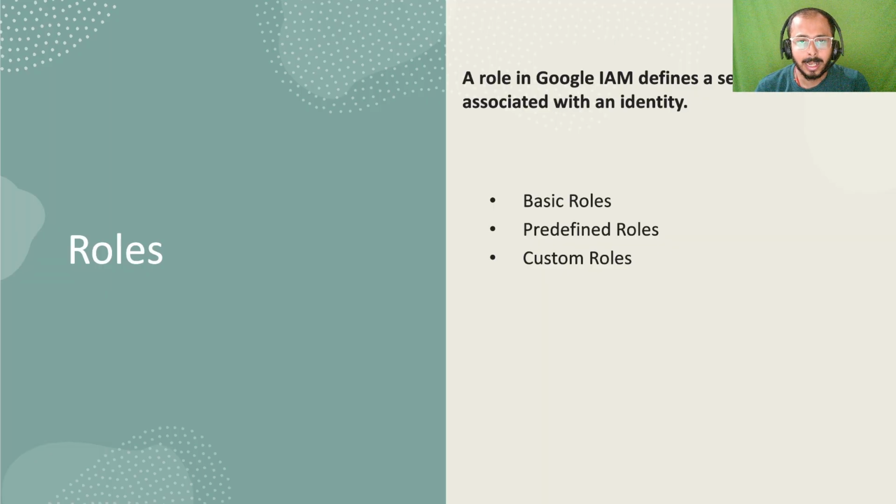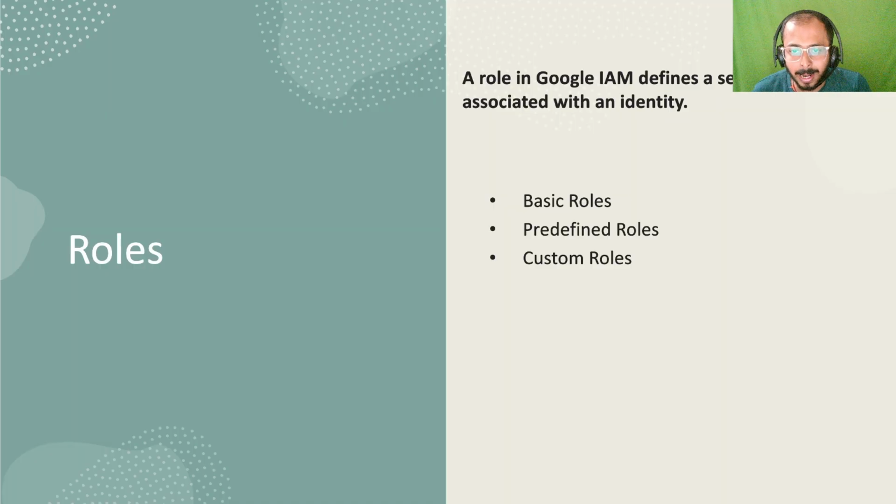Second is editor, which has all the operations and editing related access. However, editor cannot assign roles to itself. And the last one is viewer. Viewer can view all the resources in your Google Cloud project but can't perform any actions in it.